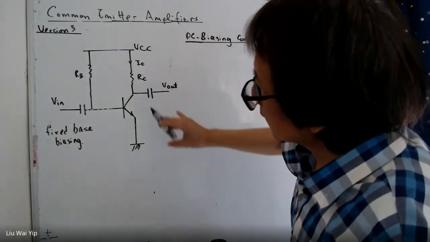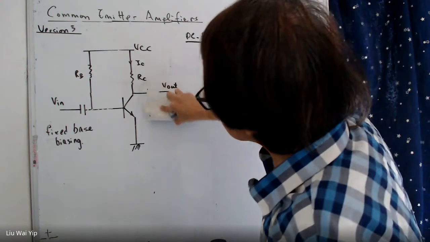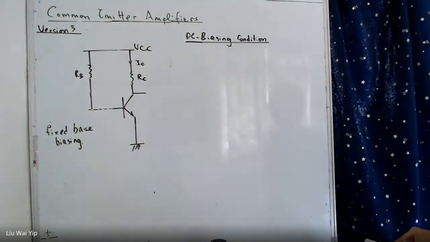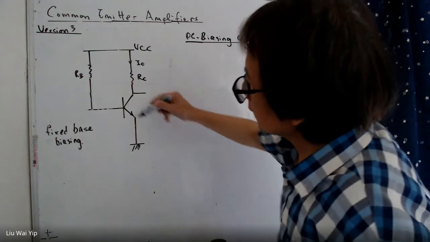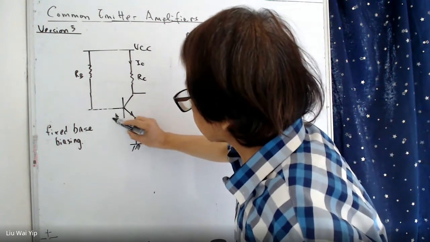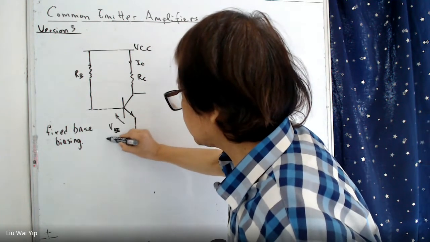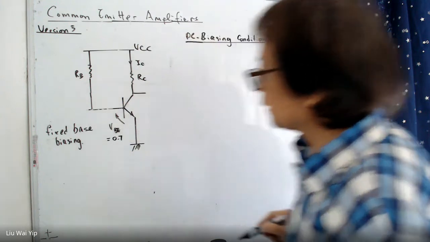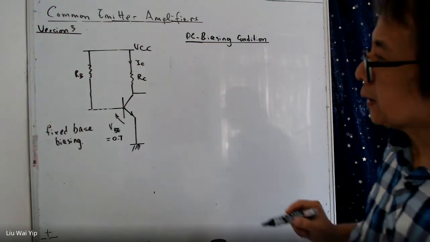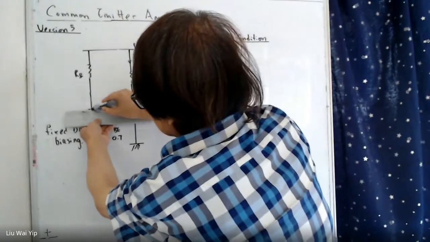In DC, all the capacitors are considered open circuit. So we forget about input output voltage, and the voltage in here is VBE, which is 0.7 volts. And we can deal with the calculation step like this.